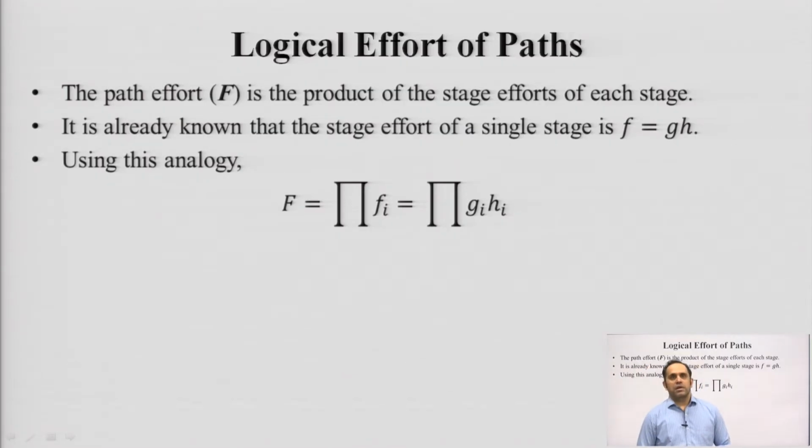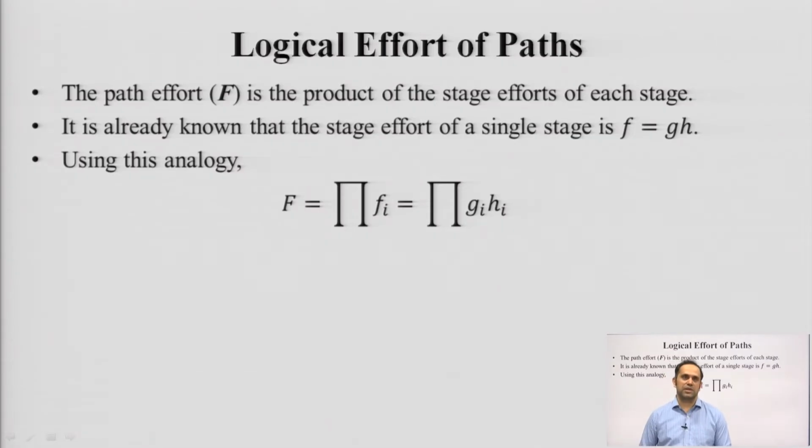Okay. For this kind of multi-stage circuit, we basically take the logical effort of each stage and the electrical effort of each stage, multiply them, and keep multiplying for all stages, and the net value which you get is the path effort. Okay.